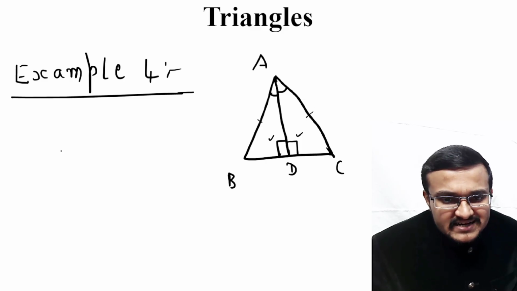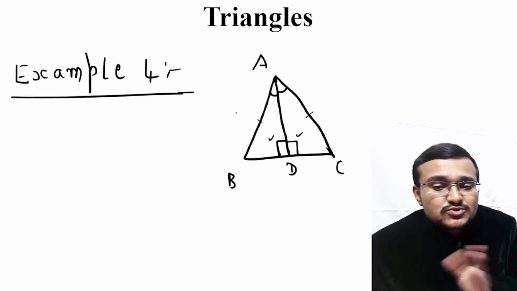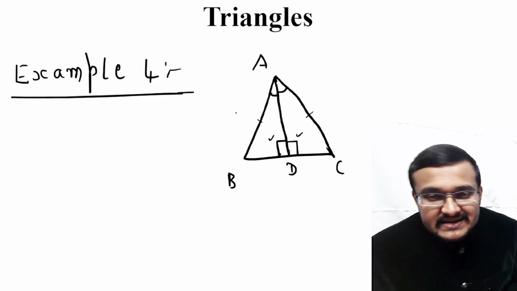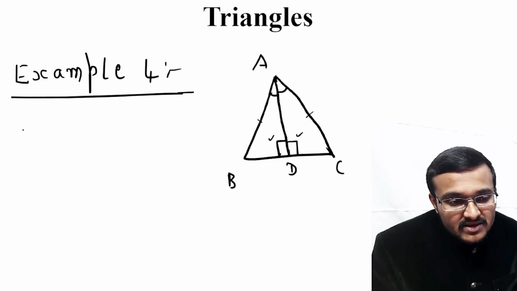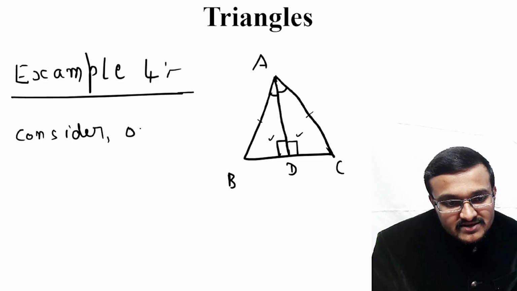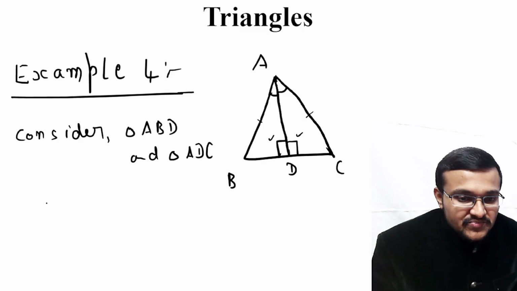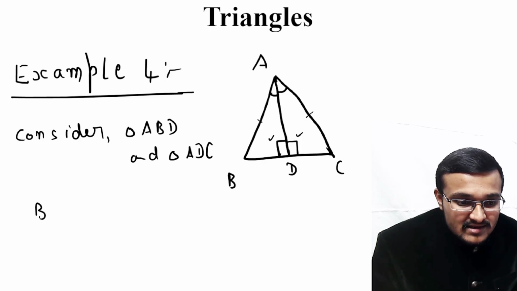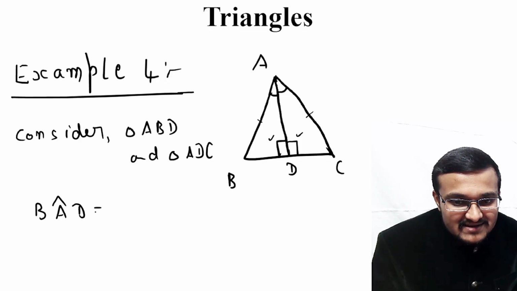We can straight away prove that these two triangles are congruent, that is ABD and ADC. So now we will consider triangle ABD and triangle ADC. In this triangle, angle BAD is equal to angle DAC.